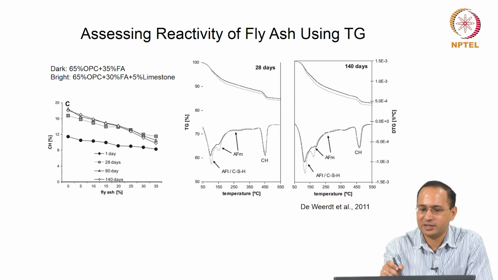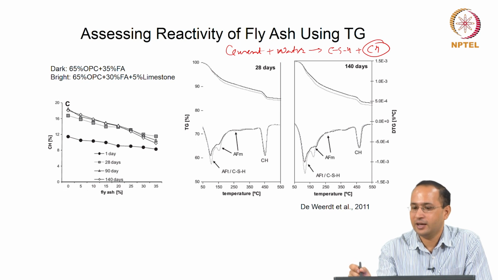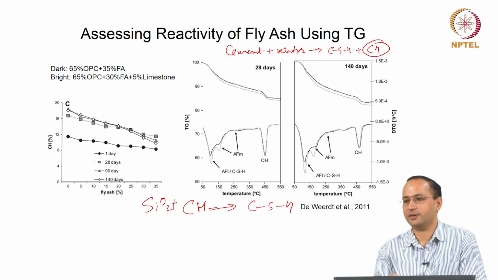When cement is hydrating, when you add water, it gives you CSH and calcium hydroxide, CH. Now, if you could get some amorphous silica and make it react with CH, you will form additional CSH. That is a simple thing.